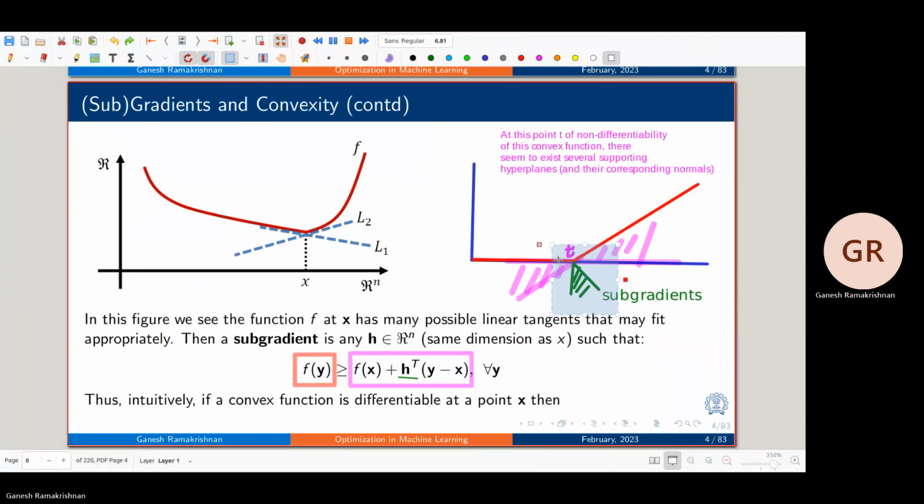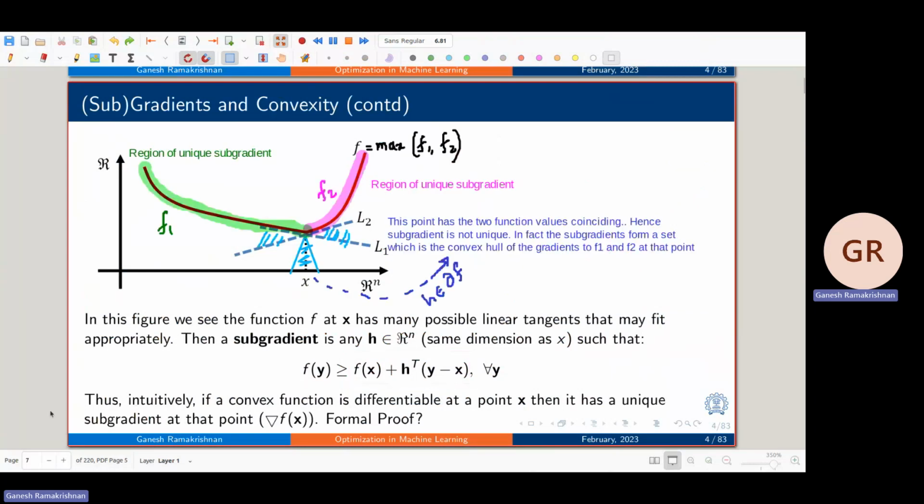Likewise, this is also a convex hull of the tangents. So you can imagine, if the function has exactly one tangential hyperplane, then you have one normal, which is the one single gradient. It has a unique subgradient at that point.